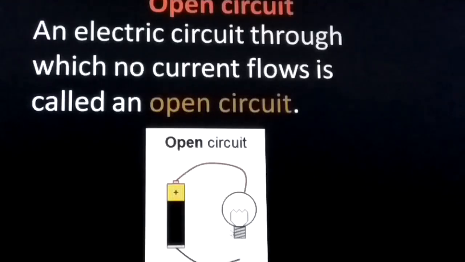So the circuit is not closed here. Observe clearly, the circuit is broken here. Therefore, in this path there is no continuous movement of electrons.